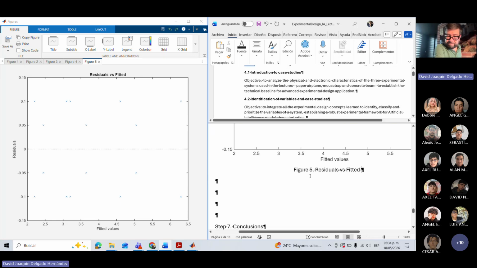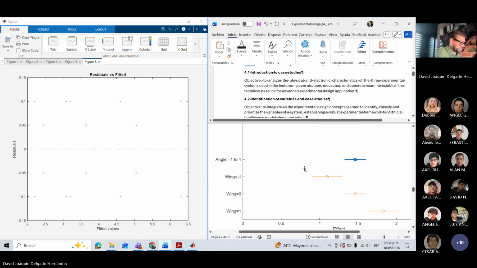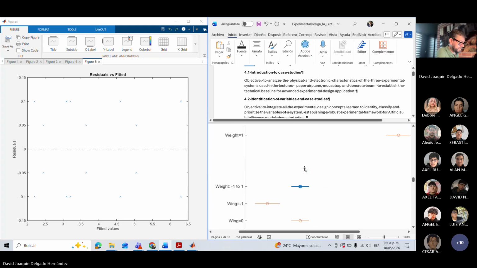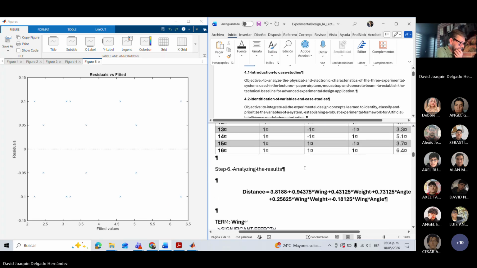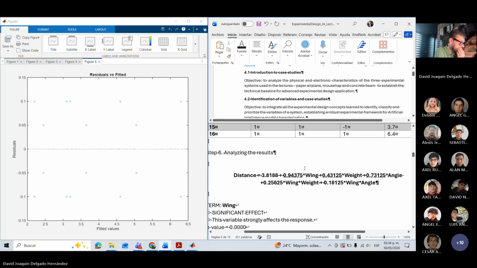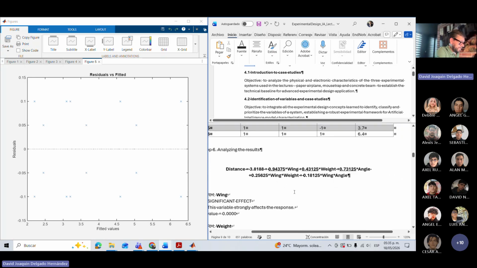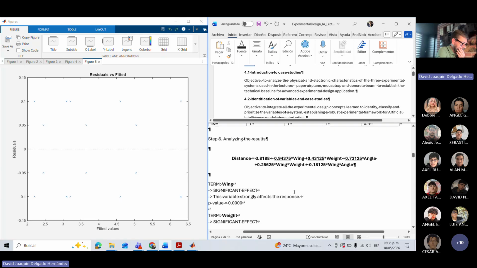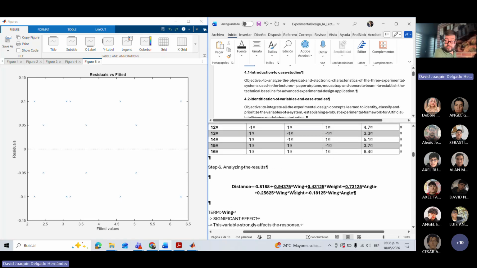What does that mean? That means that if I use this model here, so remember, if I use this model, I am going to get a result, okay?